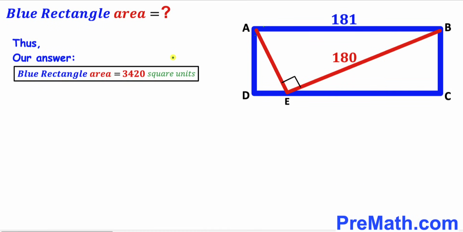So after all the calculations and manipulations, the area of this blue rectangle turns out to be 3420 square units. In other words, the area of this blue rectangle is 3420 square units. And that's our final answer.